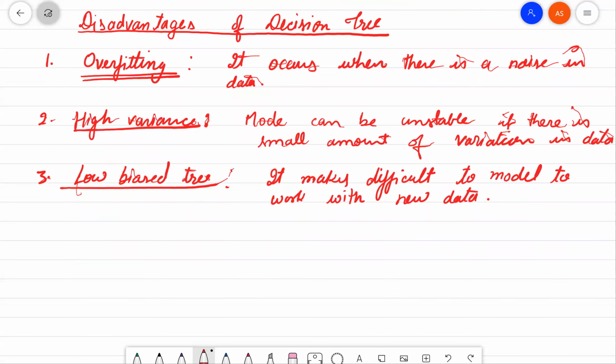So these are some disadvantages of the decision tree.